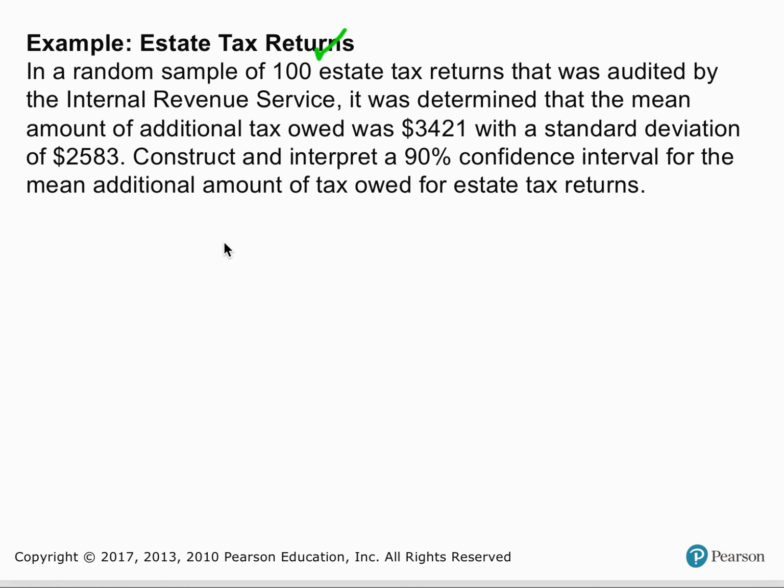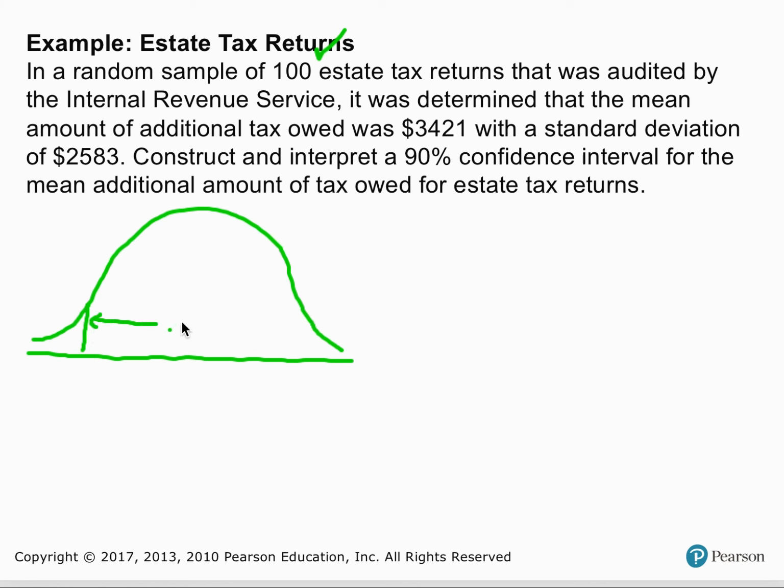Okay, now, because we want a 90% confidence interval, and if we're doing this by hand, let's think about what that means. Then that means that, right, this is 0.9, because the whole graph has to be 100.